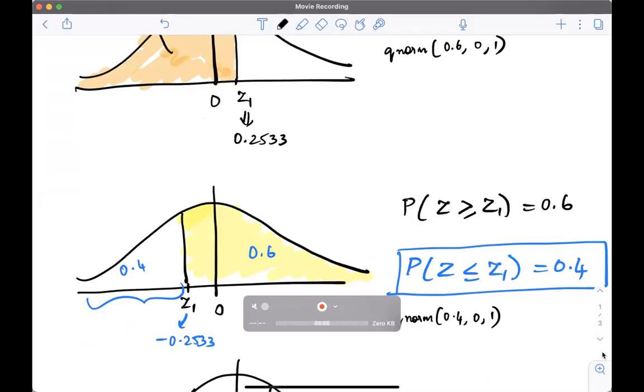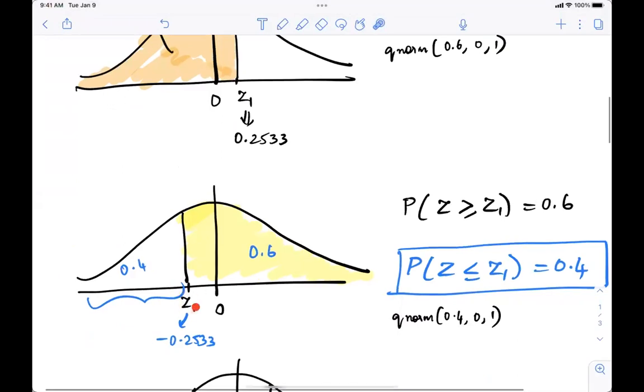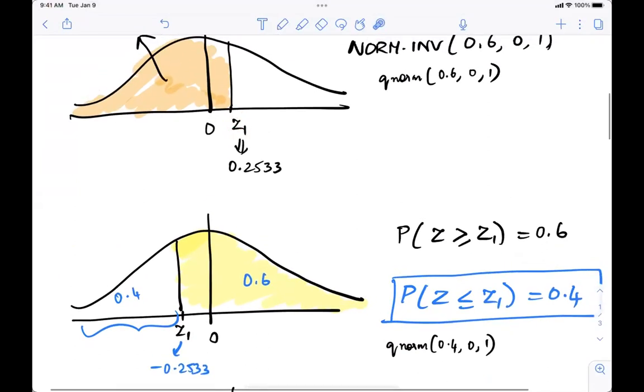So if you notice, minus 0.2533 is a point where 40% of the area is to the left of it. And by symmetry, we can say that the same coordinate, if I measure 0.2533 here, the area on the other side to the right of that point has to be 0.4. Right?